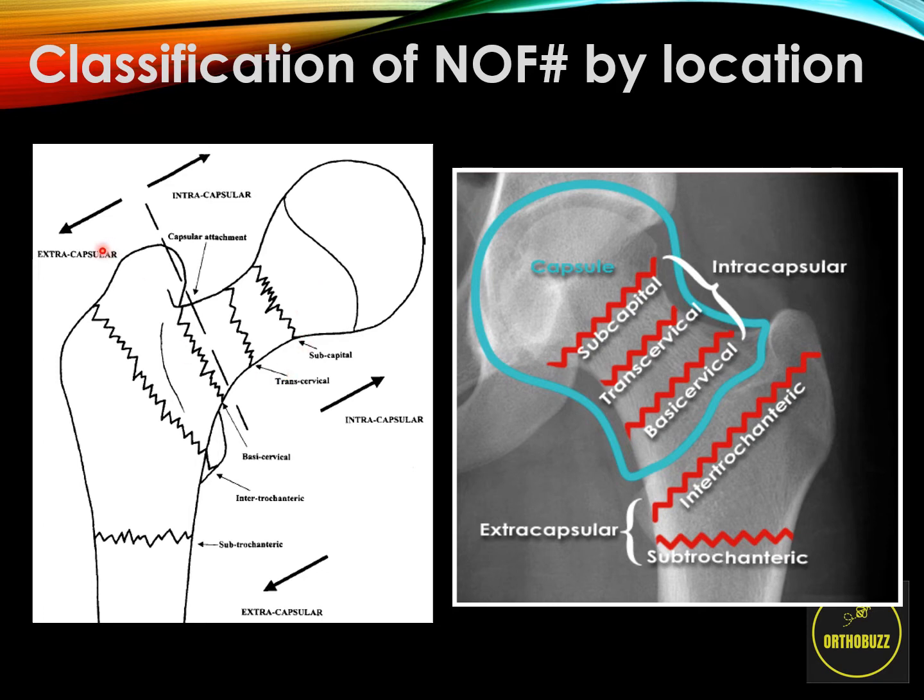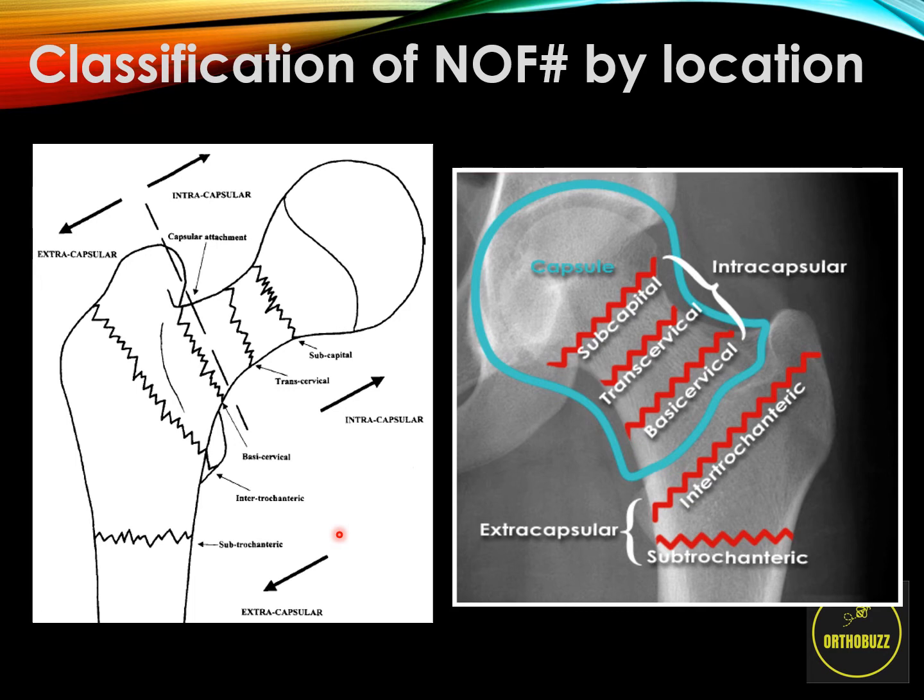For those fractures that are extracapsular, such as those denoted by the intertrochanteric or subtrochanteric fracture, the blood supply is still able to reach and run deep to the capsule without being disrupted, and therefore the femoral head is not at risk of avascular necrosis. Therefore, intracapsular fractures have a risk of avascular necrosis, whereas extracapsular fractures don't.